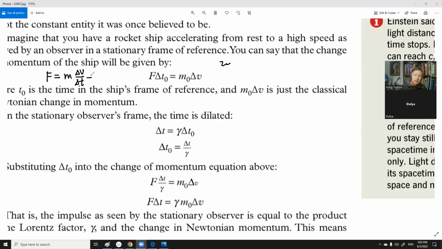So that's how they rewrite this form, as we put 0 here first, right? So from this one, they just multiply delta t on both sides, right? Yeah. You get m null, you get this formula. Can you see? That's how they get this formula, delta v.